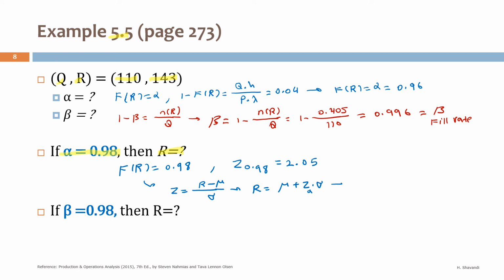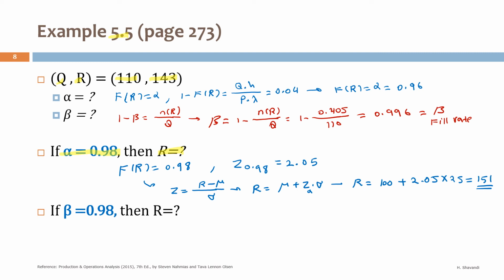Okay, so R then becomes 100 plus 2.05 times 25, right? Yeah, 25. And by having that, R becomes 151. So this means that if we want to increase our type 1 service level from 96% to 98%, then we have to increase the reorder point from 143 to 151.